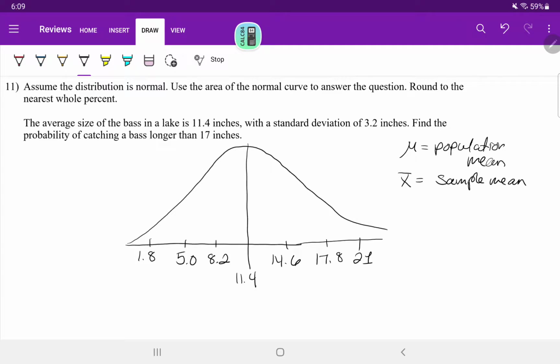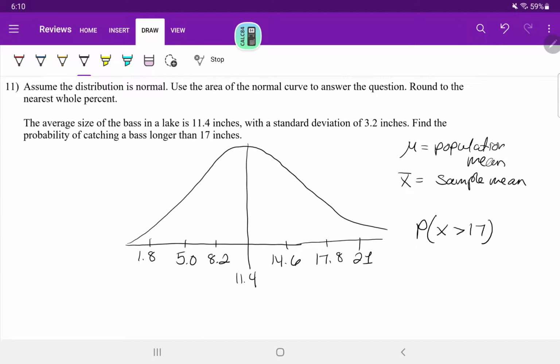Now, let's continue. It says, find the probability of catching a bass that is longer than 17 inches. So we want to find the probability that our bass, which I'm going to call X, has a length that is greater than 17 inches.